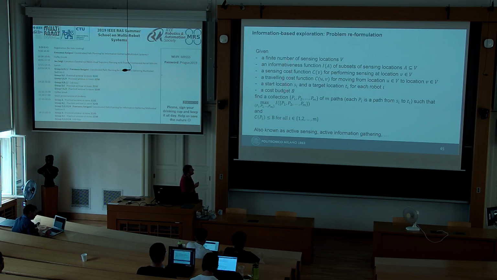So given all these elements, the information-based exploration problem asks for finding a collection of paths, one path for each robot, where each path for a robot I is a path from the starting location of robot I to the target location of robot I, such that we maximize the amount of information that we can collect over all the paths, under the constraint that each path can cost at most B, which is the cost budget.